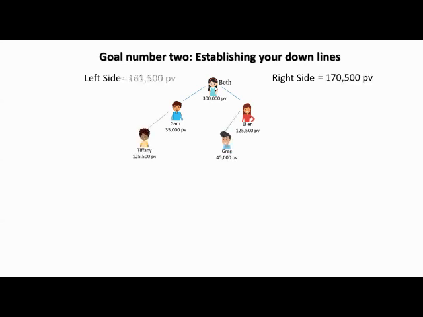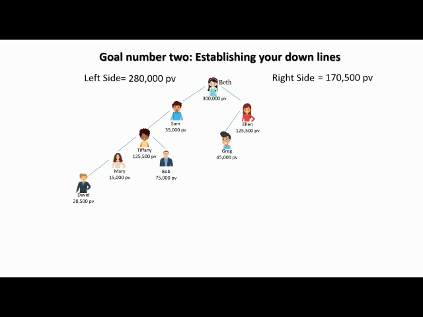And as more and more people signed up, they bought products, and Beth's left side and right side points started growing. And the individual points for these people in her downline never expire. Only the group side expires once you reach a commission, once Beth reaches a commission.